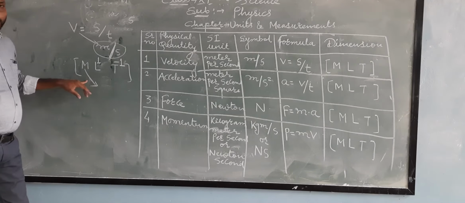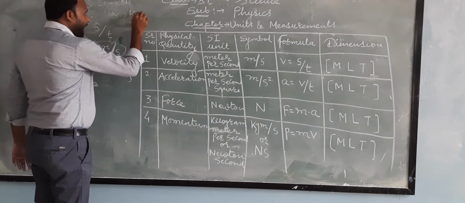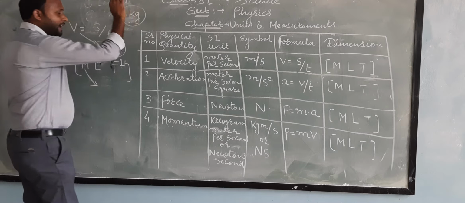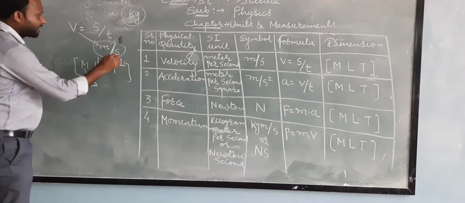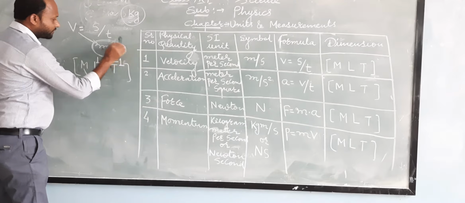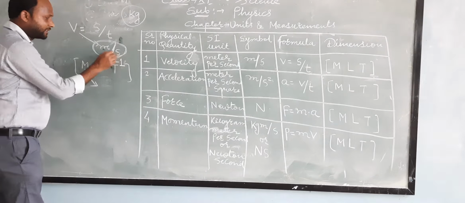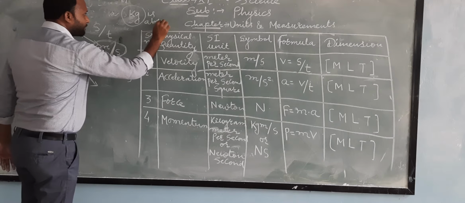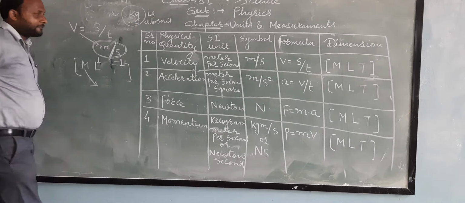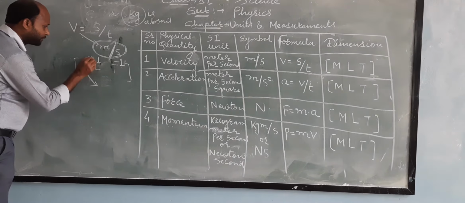Here there is a capital M, and the SI unit of mass is kg. In this formula V equals S upon T, its SI unit is meter per second. Here kilogram is absent, and when kg is absent, it means that M to the power 0.